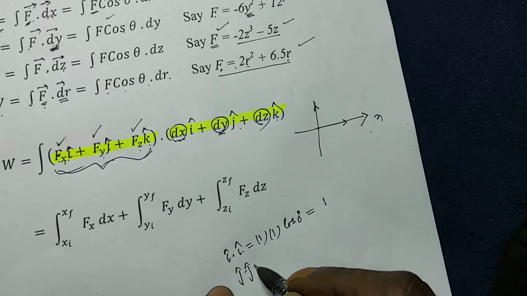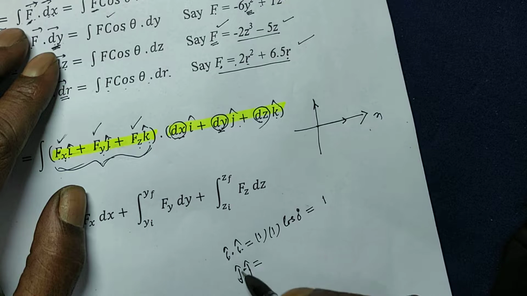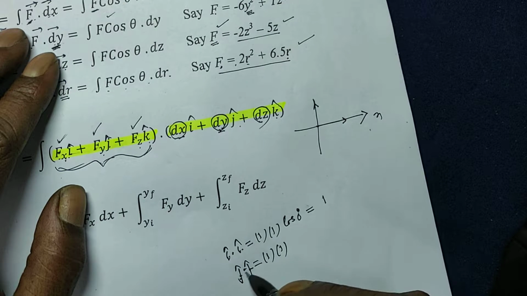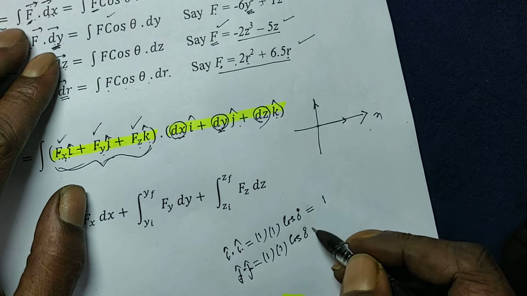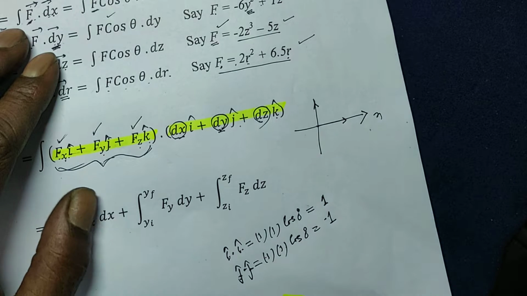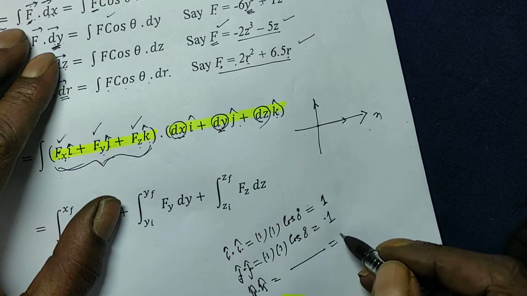Similarly, j dot j, unit vectors along the y-axis: magnitude of the first, magnitude of the second, both in the same direction along the y-axis, so the angle between them is 0, cos 0 is 1, and 1 into 1 is 1. Similarly, k dot k is also 1.